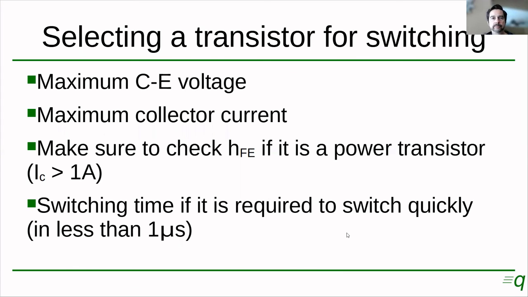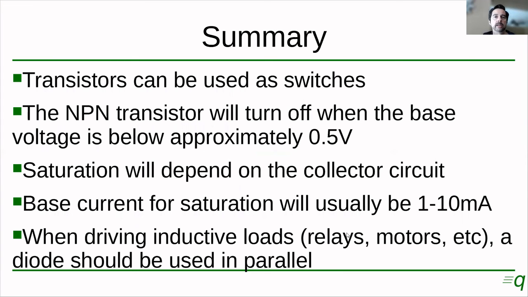Okay, so let's review what we saw today. We learned that transistors can be used as switches, and we learned also that the NPN transistor would turn off whenever the base voltage is below about 0.5 volts. If the collector circuit cannot deliver the current that the transistor wants, the transistor is going to be saturated.